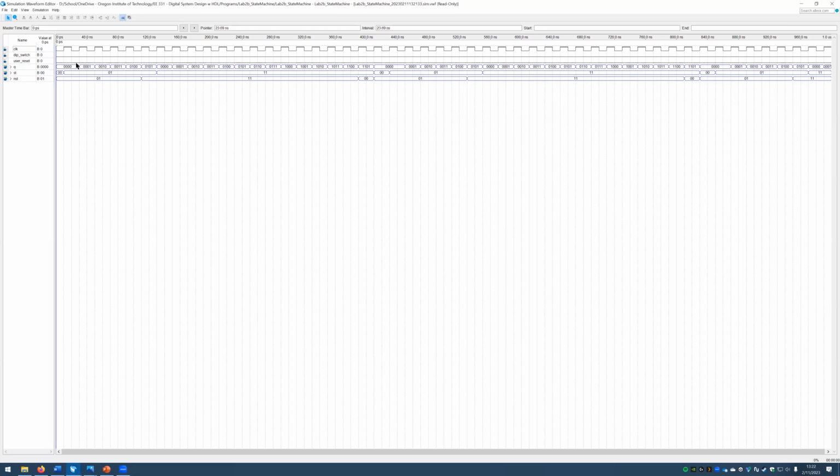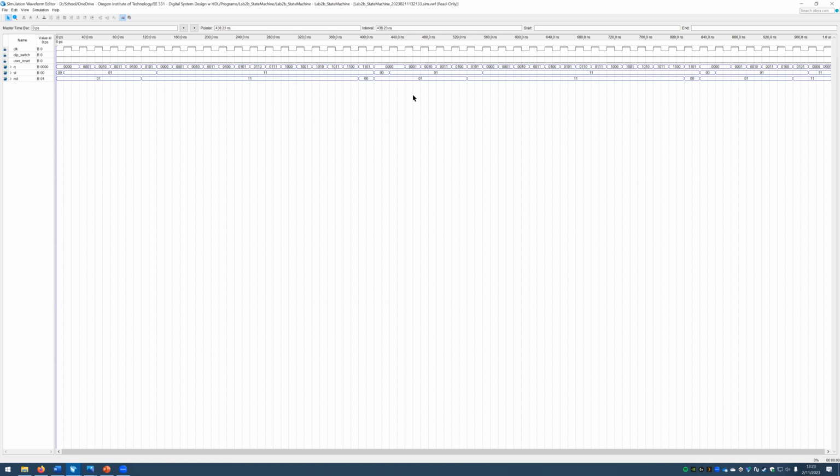And then I stay there until count equals 5. So I got 1, 2, 3, 4, 5. Then it changes to state 3. Do we have count equal 5? Yes, 5, 9, and 13, yes, okay. And then I go to state 3 until my counter equals 13, and then I go back to 0.